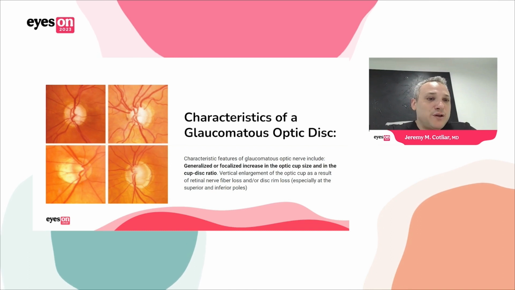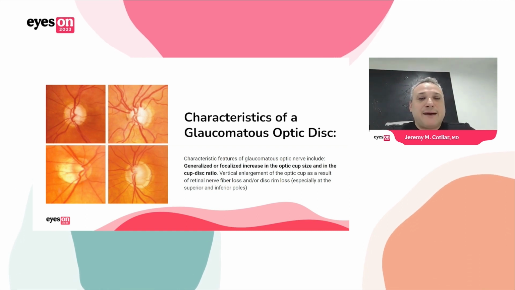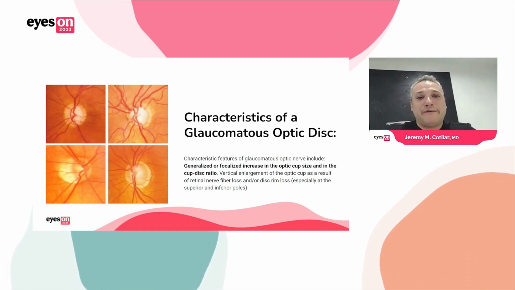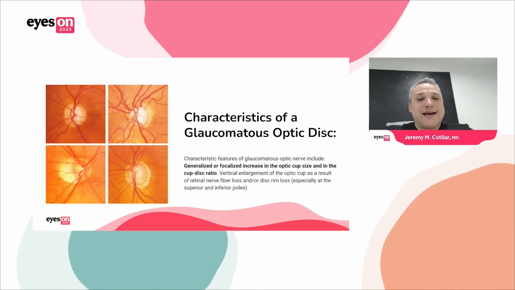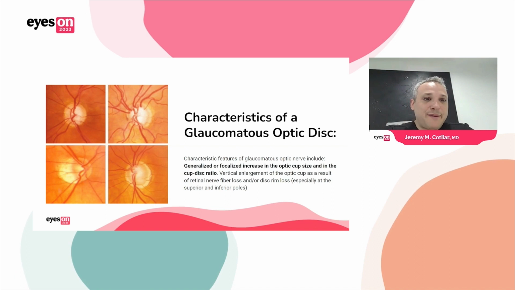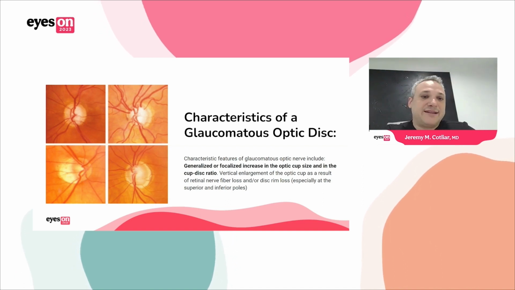On the top left, you see an inferior notch, which is a focal thinning of the inferior rim, which is typical of glaucoma. In the top right, you see some nasalization of the vessels. The vessels are starting to move nasally as opposed to temporally. And on the bottom, you have a tilted disc on the bottom left and some peripapillary atrophy in the bottom right.